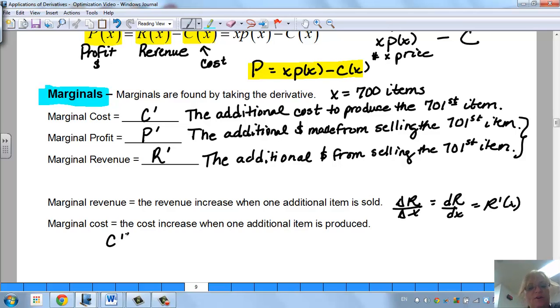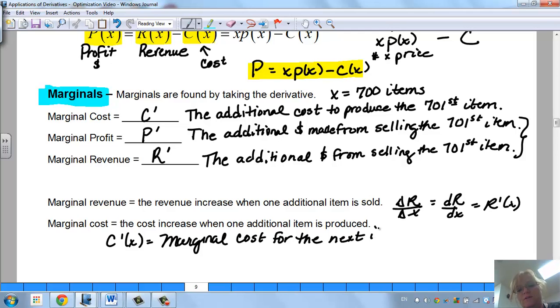C prime of x, okay, is the marginal cost for the next item, because you're talking slope.